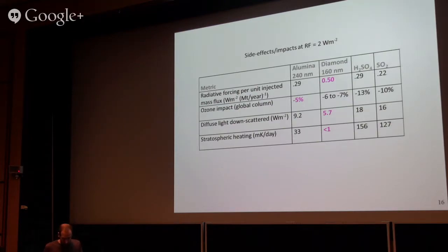So the bottom line is that potentially, and this is just scratching the surface, some of these solid aerosols might actually be able to produce the same radiative forcing with less of some of the side effects that are of concern. Of course, they may have other side effects that are worse. This is just the beginning, from my point of view, of looking at this in a serious way, but it's a start.